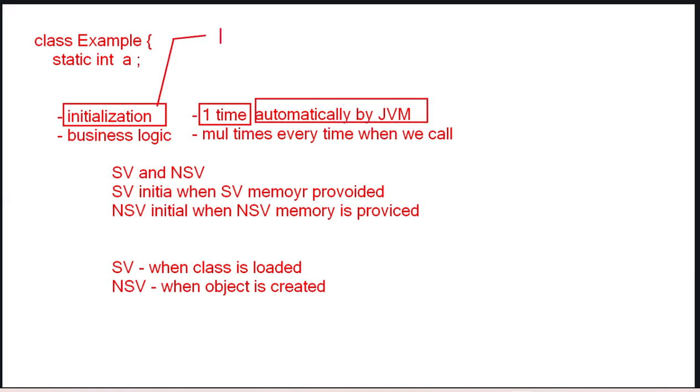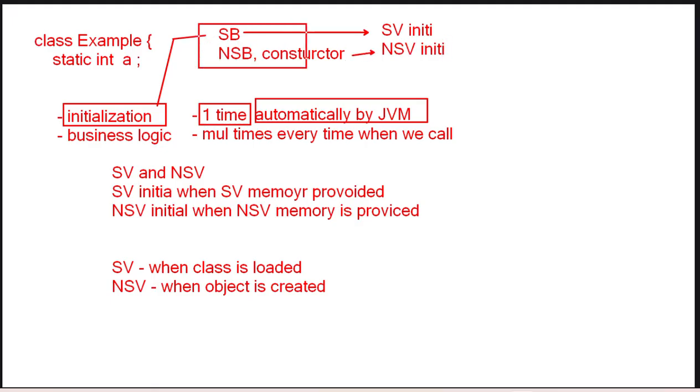There are 3 places available: static block, non-static block, constructor. Static block is for static variable initialization logic, non-static block or constructor for non-static variable initialization logic. That means when the class is loaded into JVM, the static block is executed automatically. When an object is created, the non-static block and constructor are executed automatically.